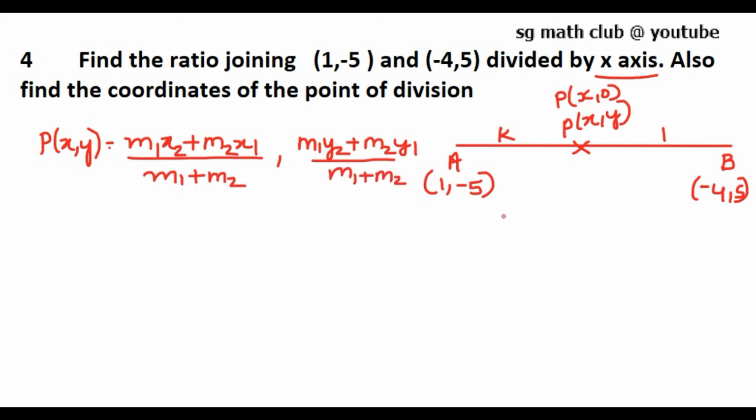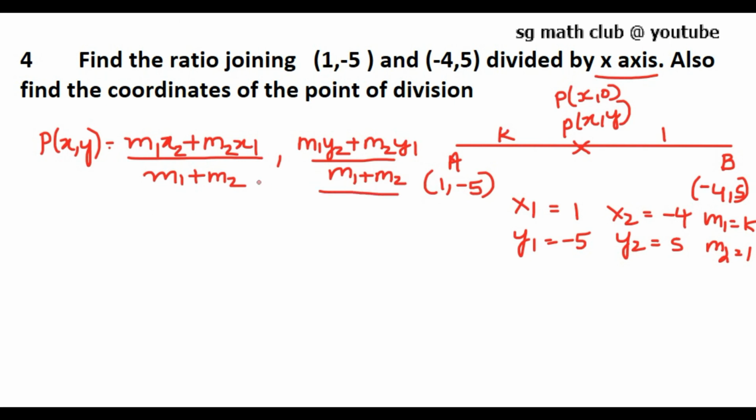So here x1 is 1, y1 is -5, x2 is -4, y2 is 5, m1 is k, m2 is 1. Now I want to find out the value of the ratio first. So I am going to equate the y coordinate to 0.